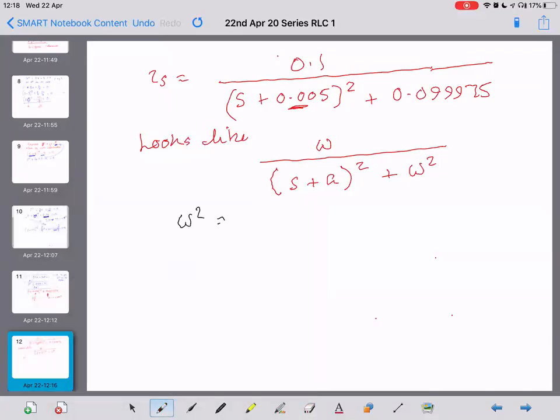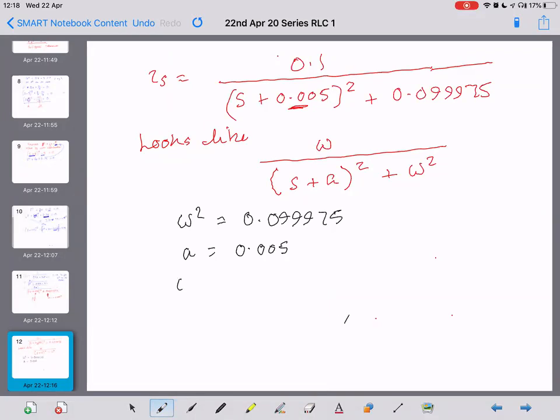Omega squared is equal to 0.099975, and I is equal to 0.005.